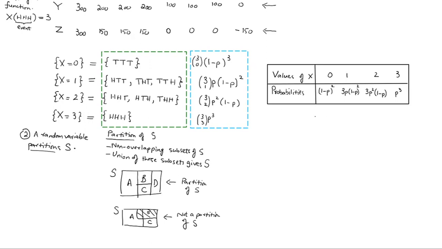Great. This table, and this is the third way of looking at a random variable, is called the probability density function of my random variable.